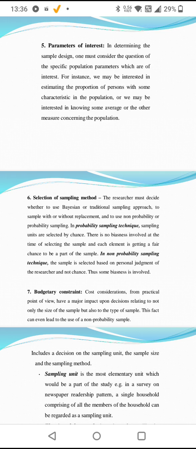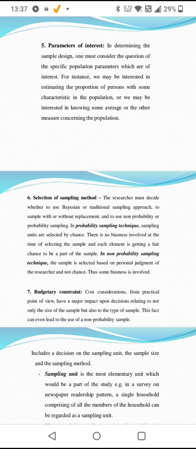So this fact can even lead to the use of non-probability sample. So these are the 7 basic steps of creating your sample design, wherein you cannot skip any step, because you have these steps which are linked to one another. You have to follow them in an order, in a line, right?